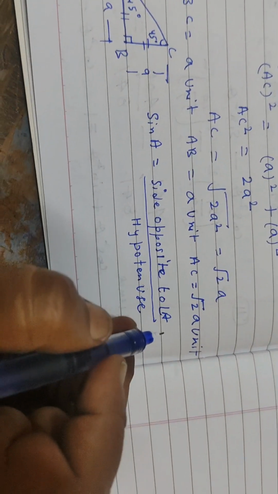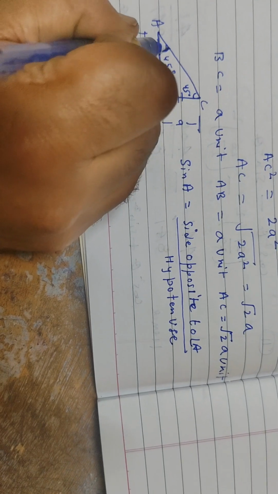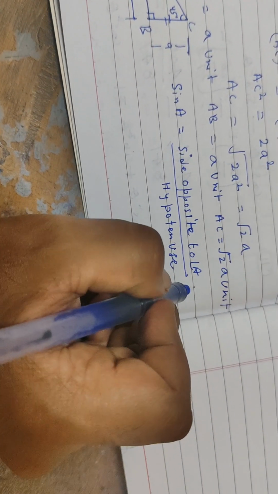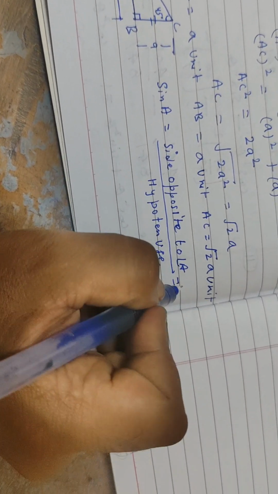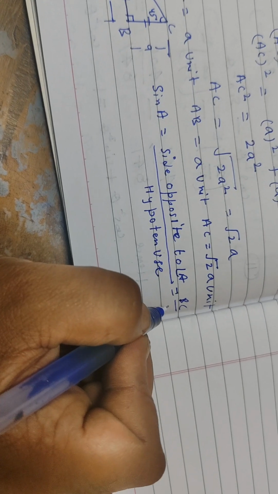So this is angle A, and CB, which is equal to BC, over AC.